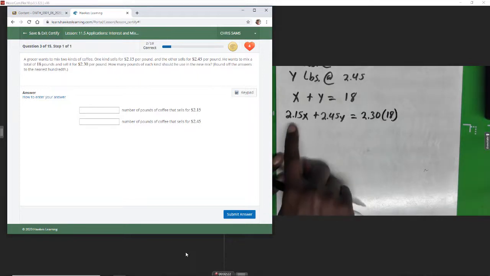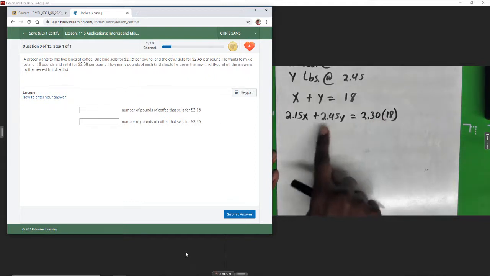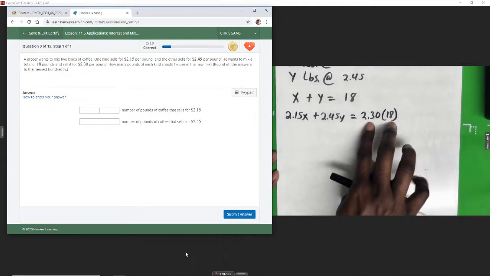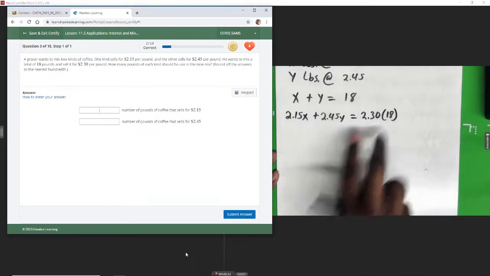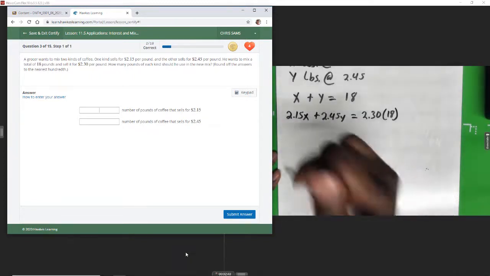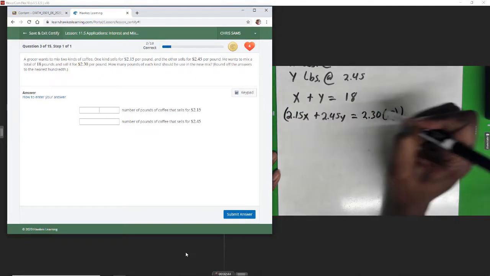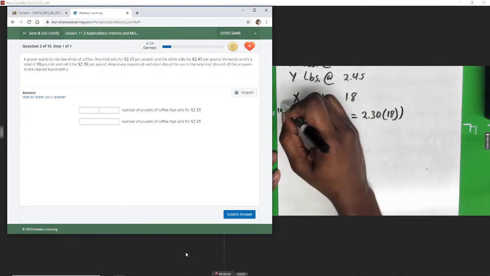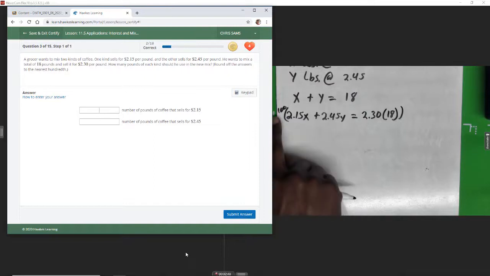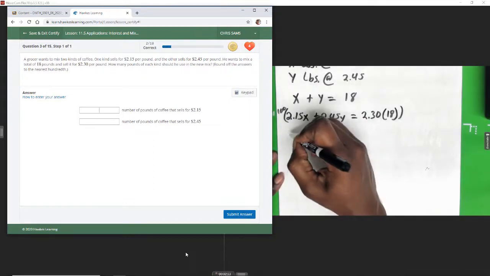A lot of times we just want to put that final number over there like we did in the previous problem, but this is a little bit different because we have this mixture going together, so we also have to multiply the results. Okay, we're going to solve by elimination, so I'm going to multiply by 100 to get rid of the decimals. So multiplying by 100, this gives me 215x.